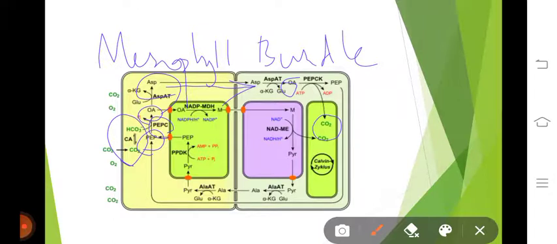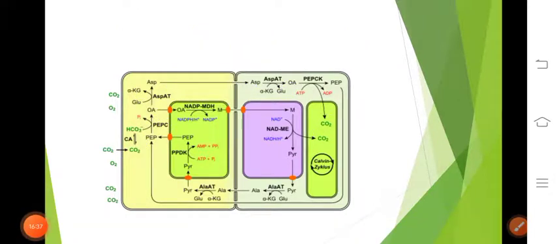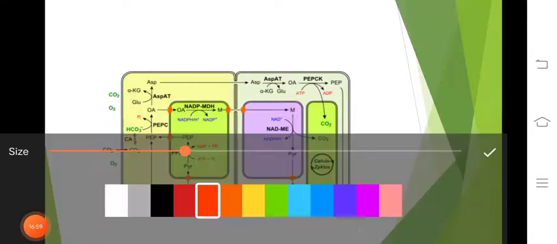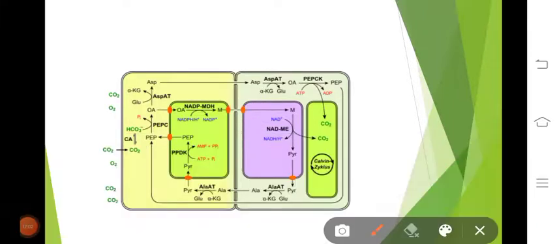Here also the oxaloacetic acid is converting into malic acid, and the malic acid is entering into the mitochondria of the bundle sheath cells, and also it is converting into pyruvic acid directly to give rise to carbon dioxide out. This carbon dioxide is entering into the chloroplast of the bundle sheath cells again, and it is entering into the C3 cycle for the carbon fixation, that is Calvin cycle.